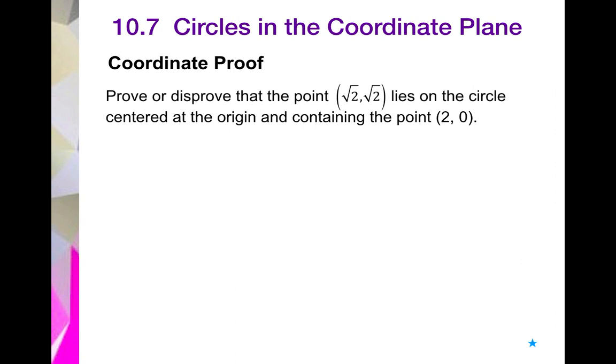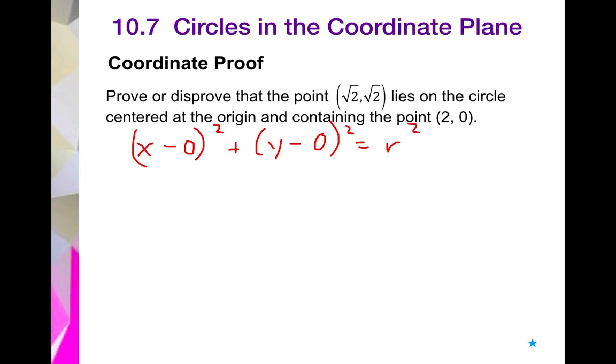Now we prove or disprove that the point (square root of 2, square root of 2) lies on the circle centered at the origin and containing the point (2, 0). So we can prove that. If it's centered at the origin, then we know it's going to be (x minus 0) squared plus (y minus 0) squared equals radius squared.